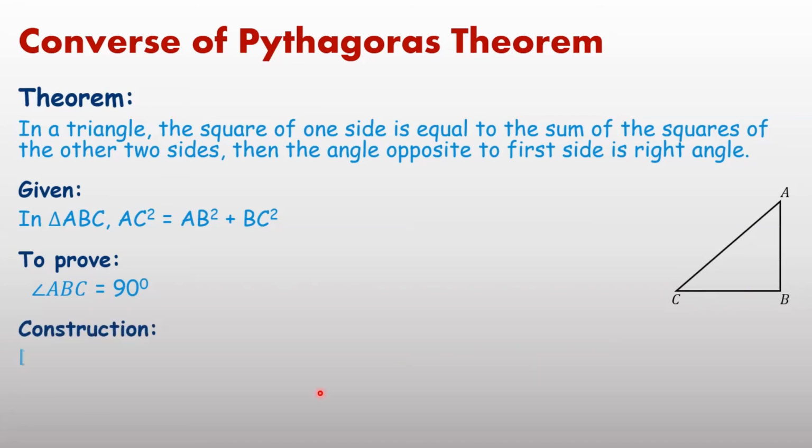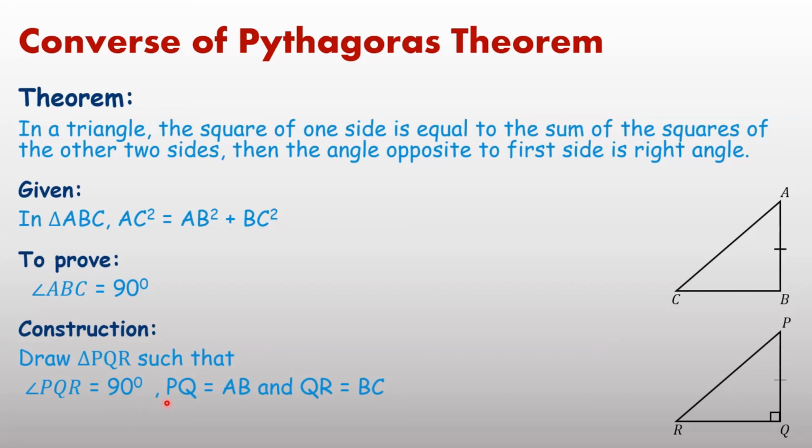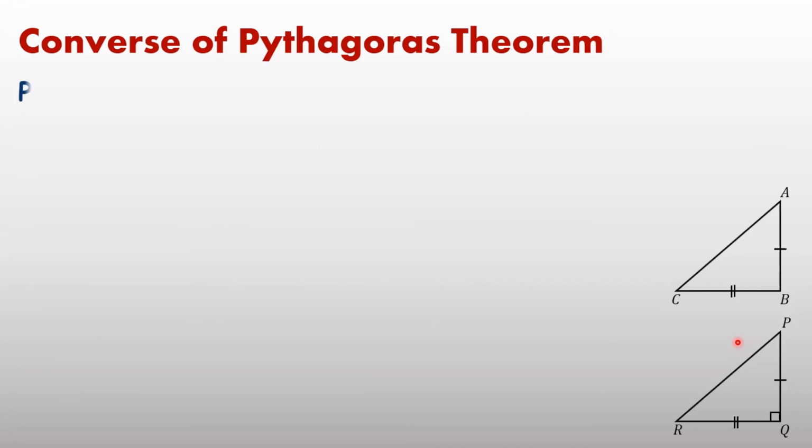Construction. Draw a triangle PQR such that angle PQR equal to 90 degrees, PQ equal to AB and QR equal to BC. Now proof.